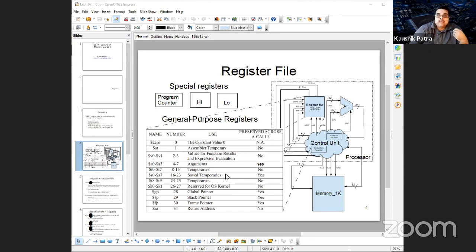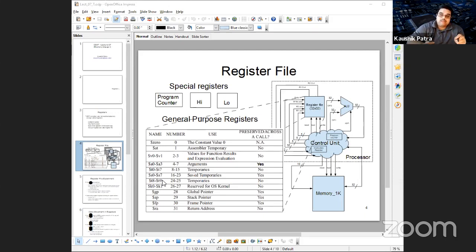So $a0 to $a3 are arguments, and $t0 to $t7 and $t8, $t9 are called temporaries because it is not guaranteed that if you call a function, the values within $t0 to $t7 and $t8, $t9, these 10 temporary registers, will be preserved.